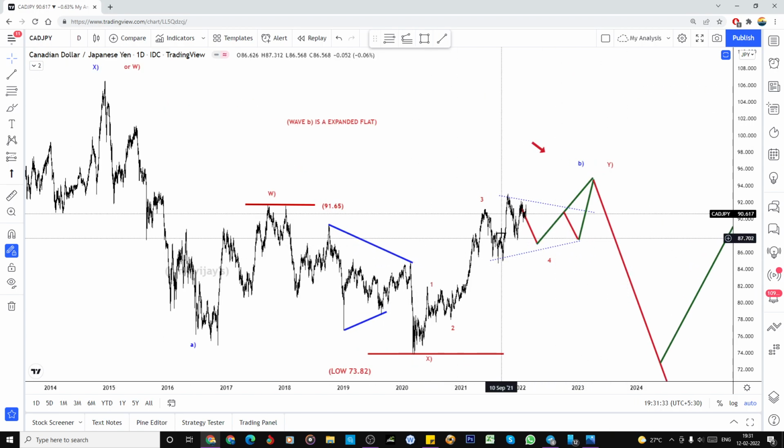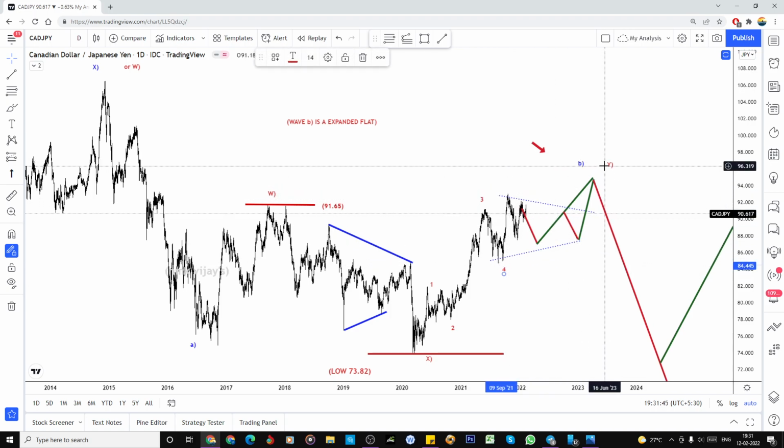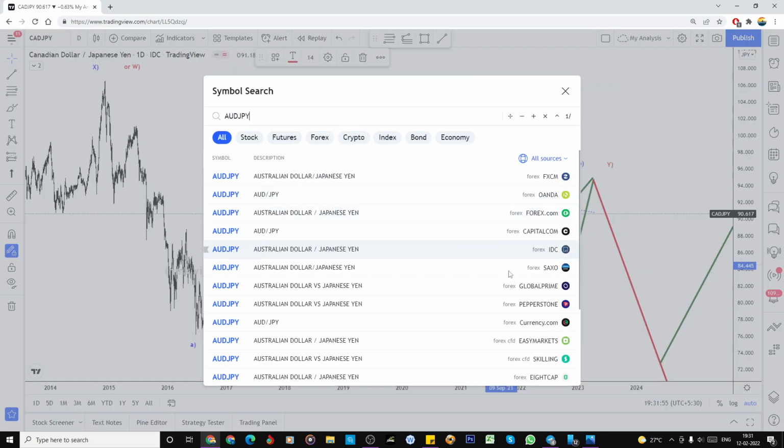Same. So A, B, and beyond that C, D, E, and then one more high. So 1, 2, 3. Whether the fourth wave is already completed and the fifth wave is already done, I'm not able to catch this, because sometimes with AJ and CJ, everything, we are looking for that one more high. Maybe I will show you AUDJPY also.